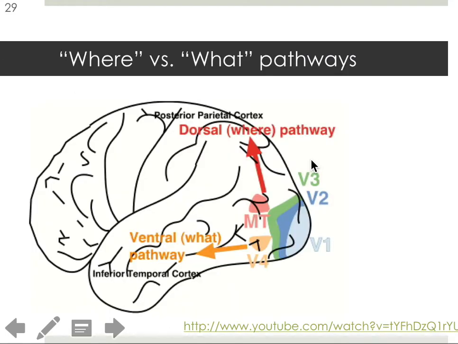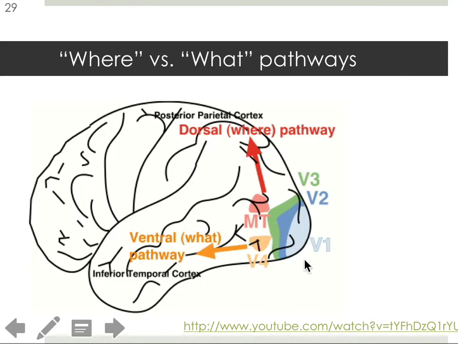So this gets us to quite a general organizational principle of the visual system. After the level of the primary visual cortex, you actually get a distinction between a dorsal pathway that's responsible for motion sensitivity, also known as the where pathway, and a ventral set of areas that are responsible for object sensitivity and face perception, and so that's known as the what pathway.